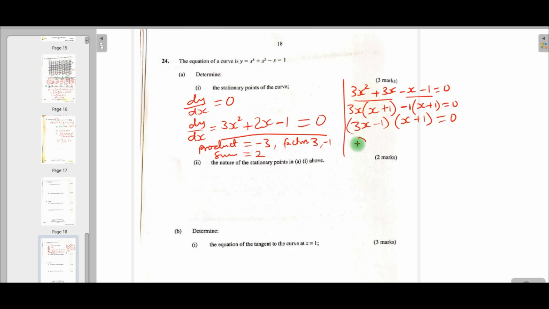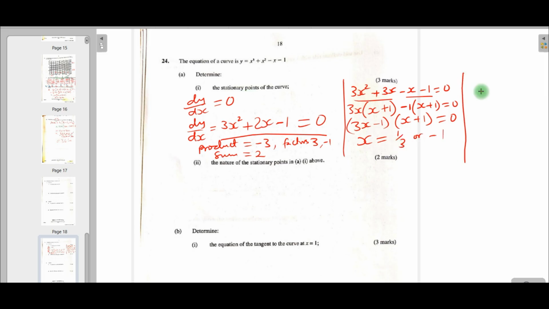Therefore, x will be 1/3 or minus 1. We are not yet through, so we need to get the stationary points.